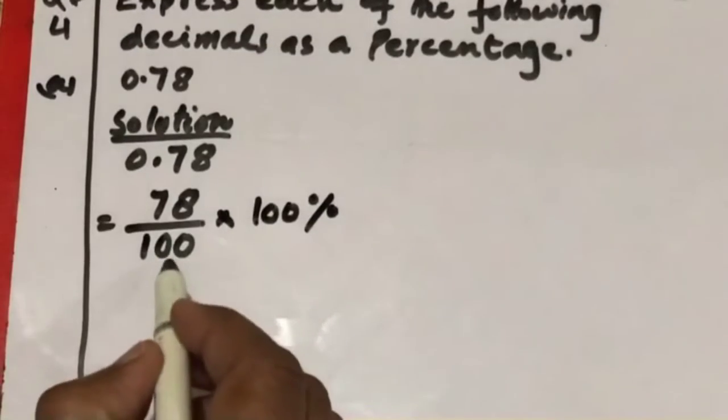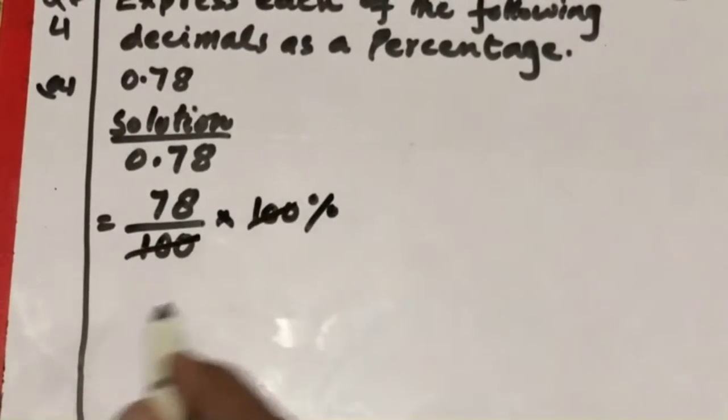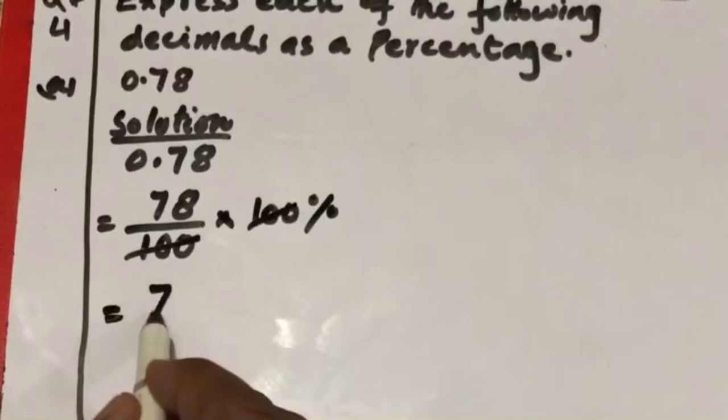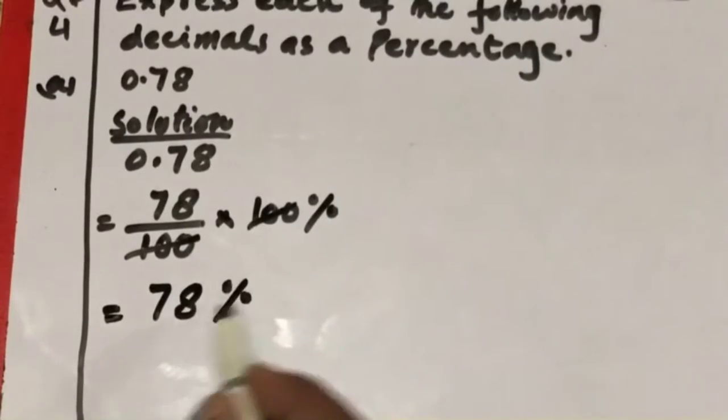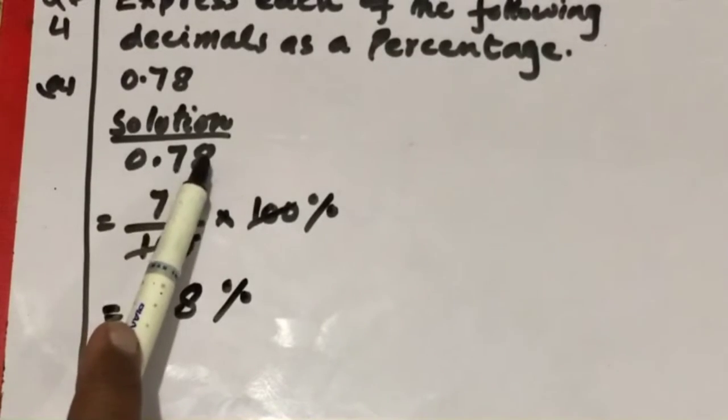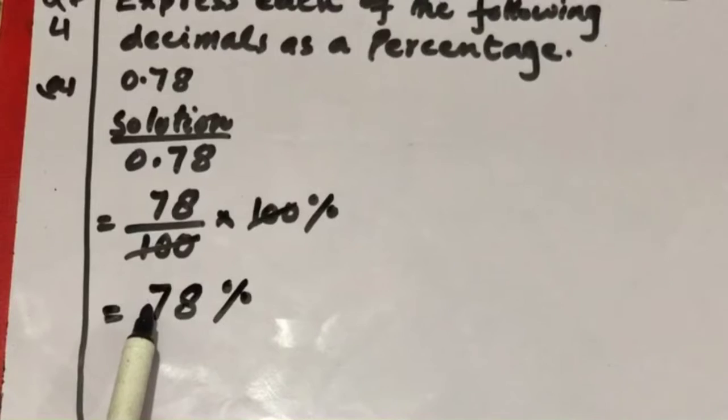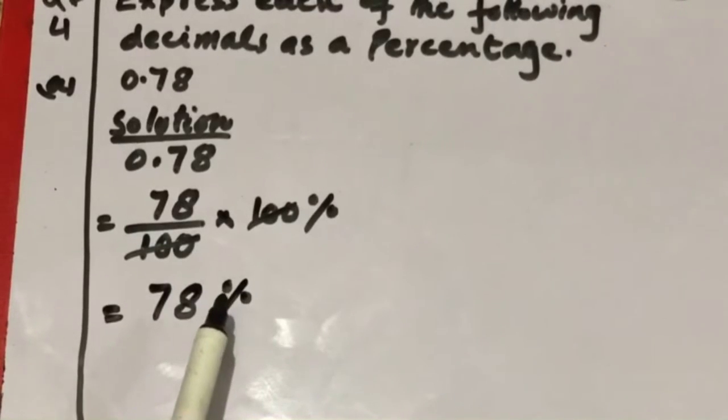Now 100 will cancel out with 100 and we have 78 and the symbol percent. So the decimal number 0.78 can be written in percentage as 78%.